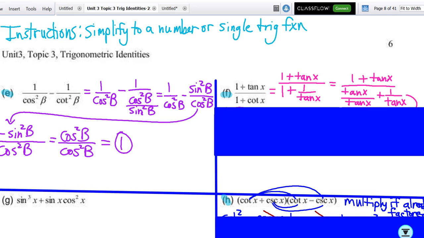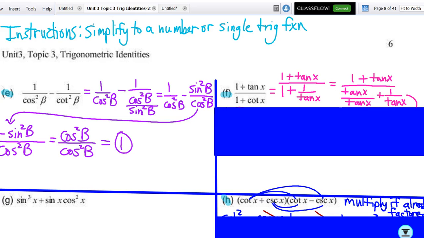And then I notice that my denominator, the first fraction in pink, is now pretty complicated. So before I simplify the entire fraction, I need to simplify the denominator by getting a common denominator. So I'm going to multiply the 1 in the denominator by tan x over tan x.